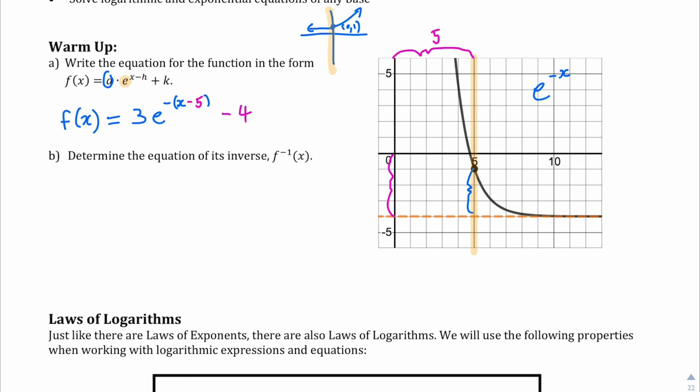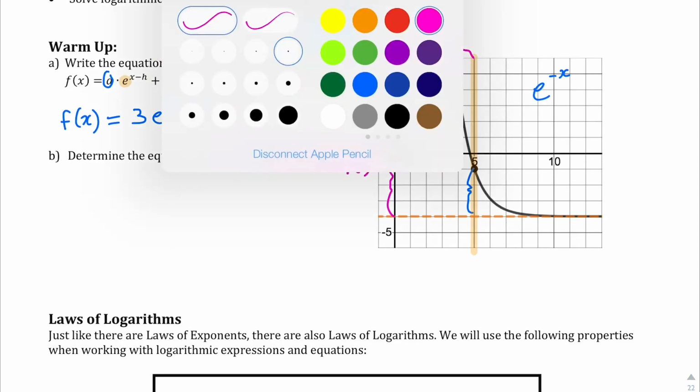Okay, part 2 of the warm-up asks us to determine the equation of the inverse. Make sure you do not misunderstand this. This is not the same thing as the reciprocal. The inverse involves the interchange of the x and the y variables, and so I'm going to begin by doing exactly that.